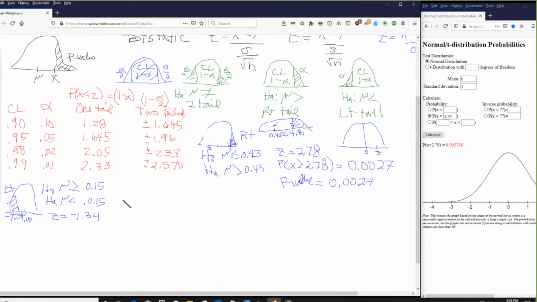So we're going to do the same formula that we did before. Now I'm looking for x to be small, so I'm going to plug in that minus 1.34. And that's going to give me a probability of 0.09012. Okay? So that's going to be my p-value.